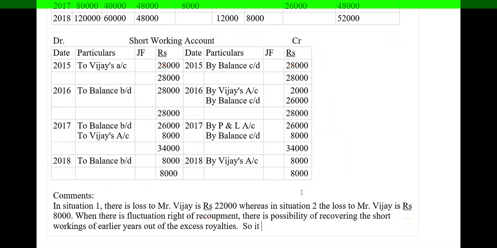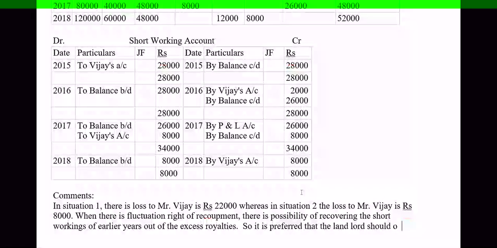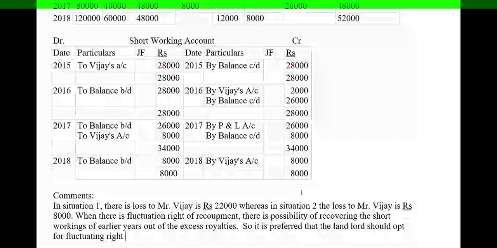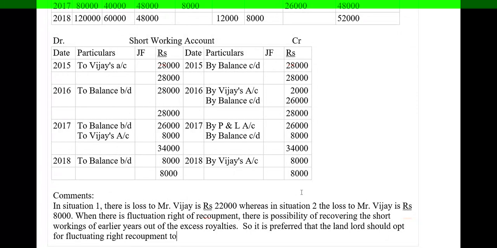So it is preferred that the landlord should opt for fluctuating right of recoupment to reduce losses.